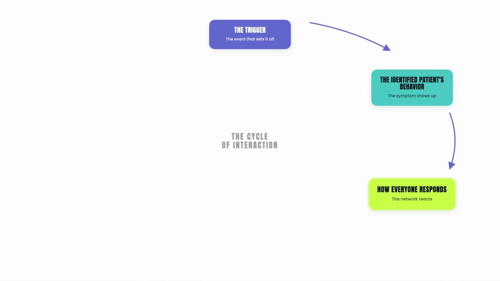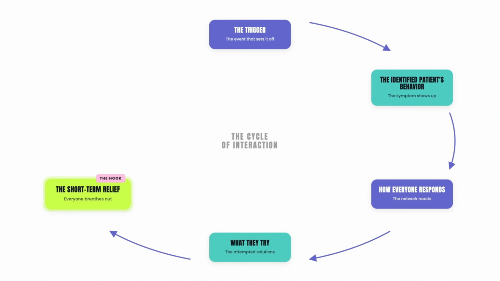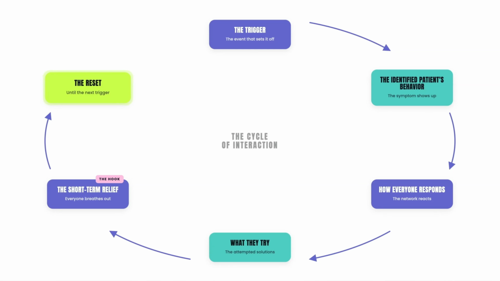How members try to deal with it. That's the attempted solution. Maybe the row escalates, somebody gets louder, somebody slams the door, somebody runs away. Then I want to know the outcome of those solutions. Then we've got to figure out the system's response to that outcome, how the time is spent until the next trigger or the reset. Everyone calms down until the next time.